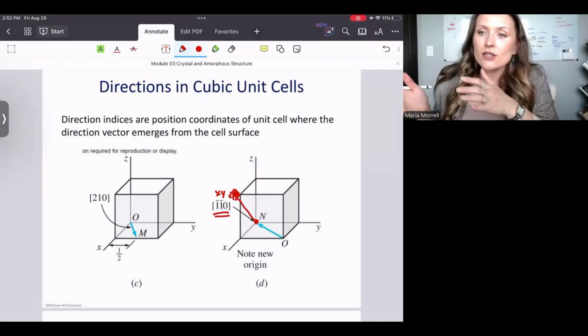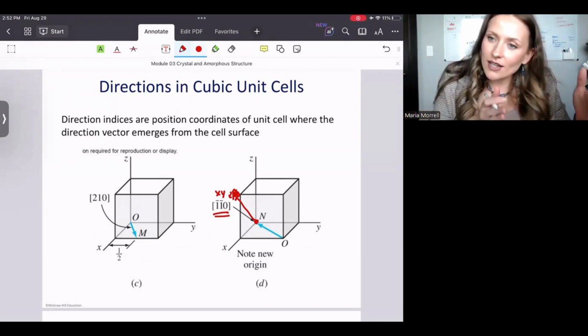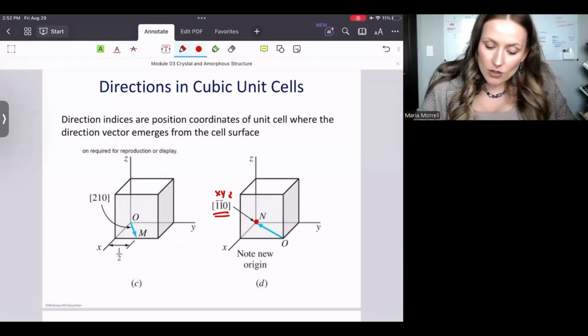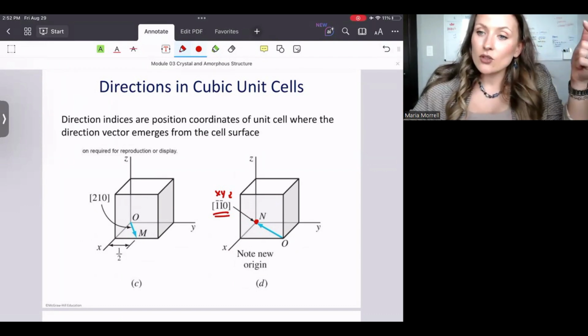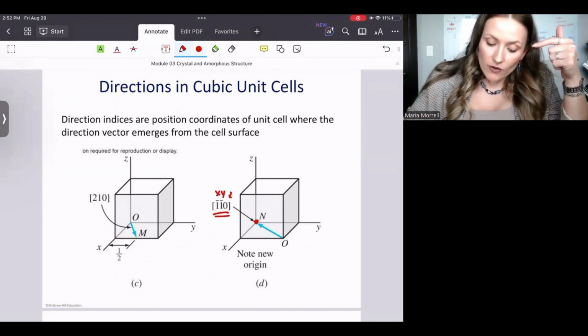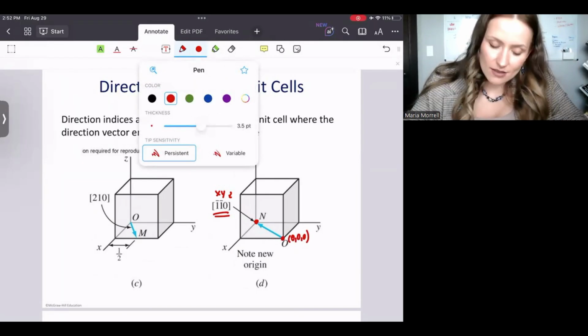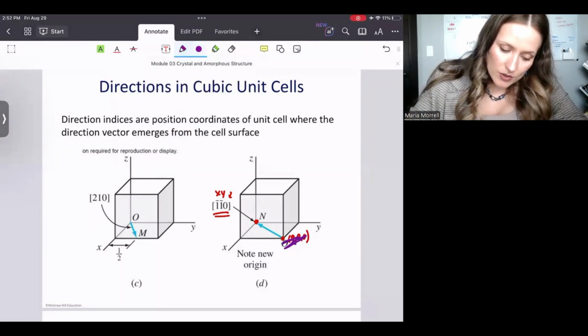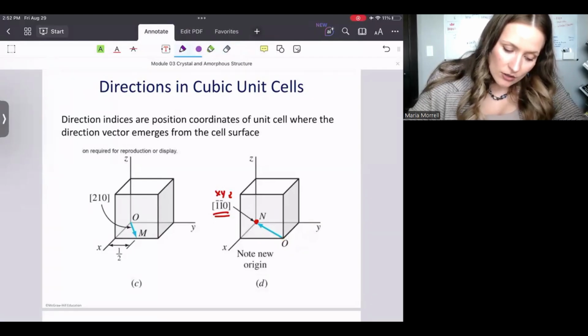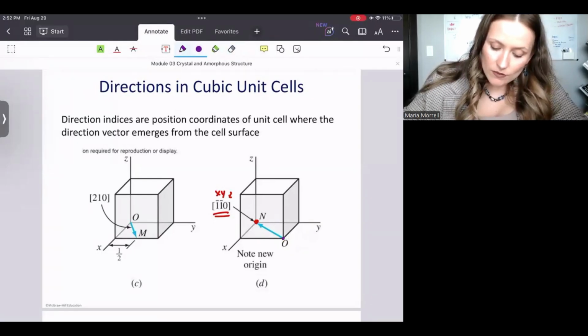Okay, some students move the unit cell to the other side to make it work. The easiest way to solve this problem is to actually shift your origin. Now envision that this is my origin, 0, 0, 0, right? Why don't I change the color and explain what I mean by shifting the origin.